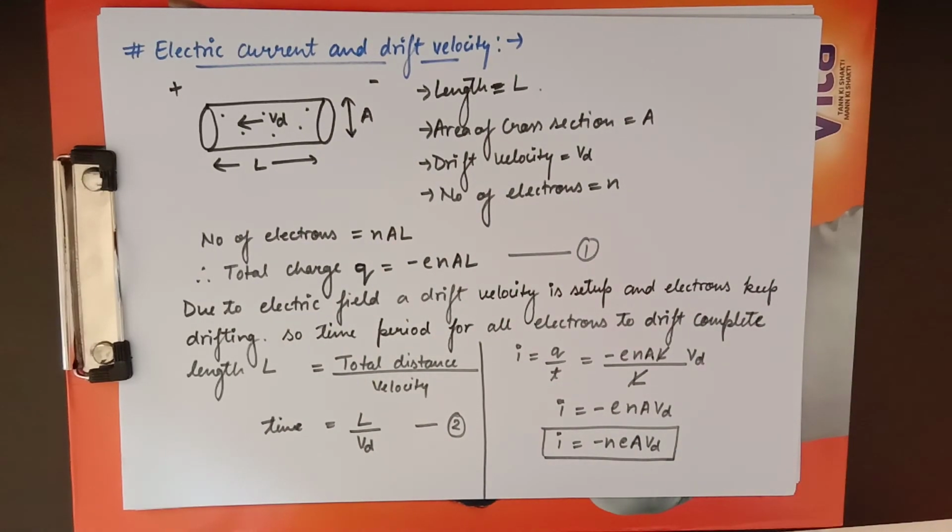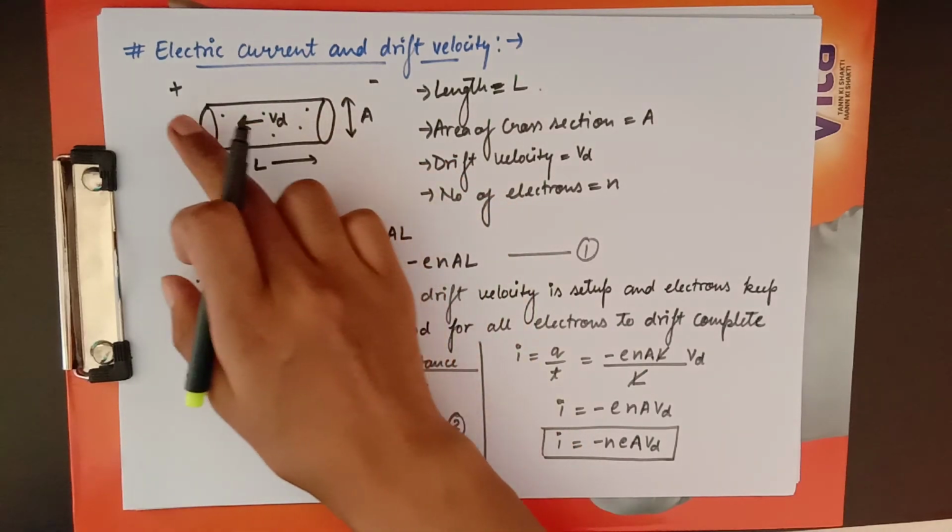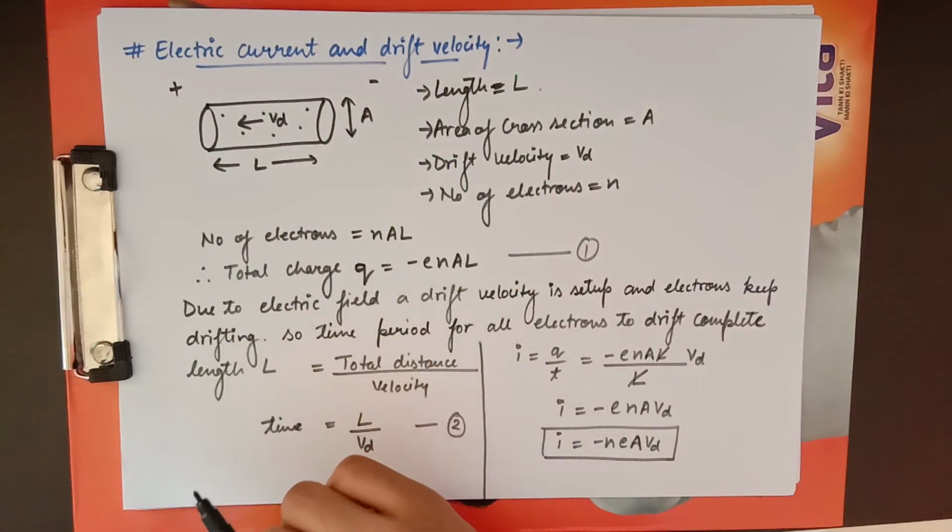The negative sign shows that the direction of electric current is opposite to the direction of Vd. Means if electrons drift in this direction, the direction of current will be opposite to Vd.